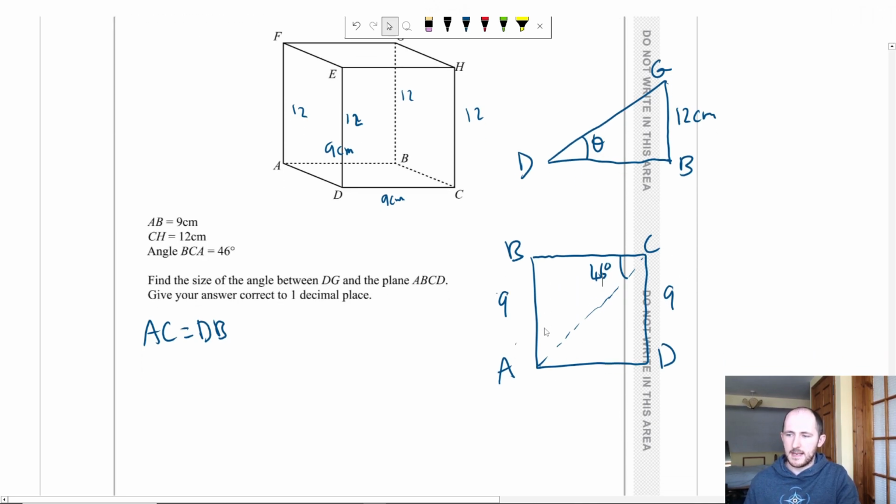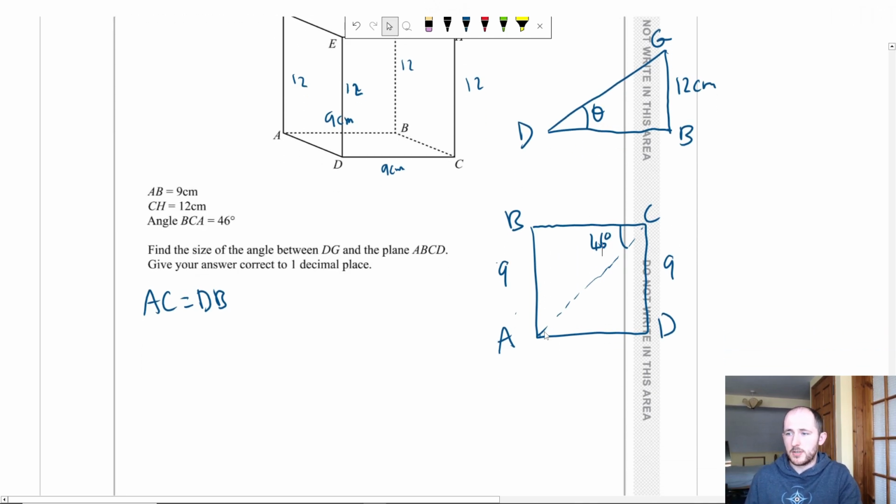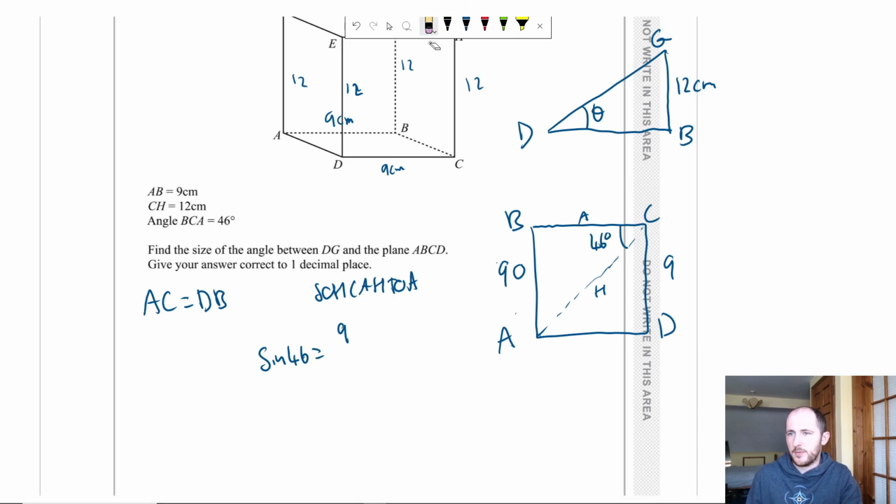So I can work out AC by using trigonometry. This is the opposite angle, that is the hypotenuse, and this is the adjacent. So we have SOHCAHTOA. We need O and H, so that's sine. So we have sine 46 equals O over H. The opposite is 9, although it looks like 90 now that I put the O there, so let's get rid of that quickly.